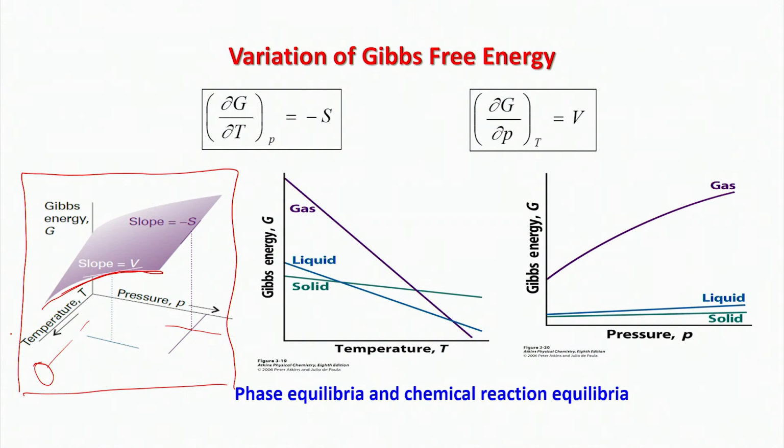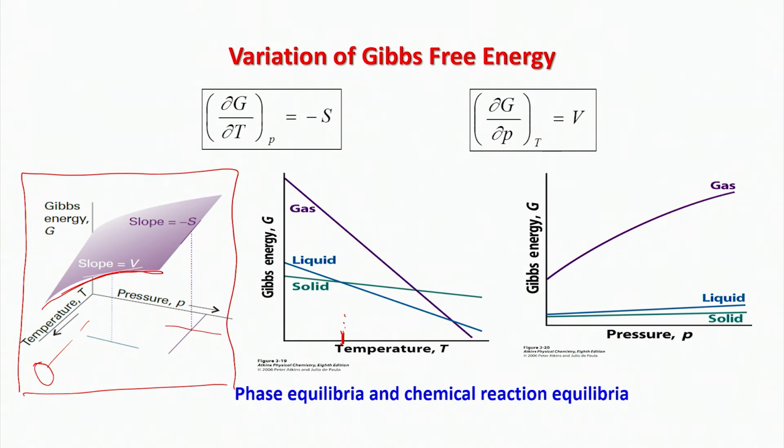Now, from this expression, can you tell me where I expect the two phases to coexist in equilibrium at a given temperature? Since I'm talking about a given temperature, I have to fix my attention at this temperature.